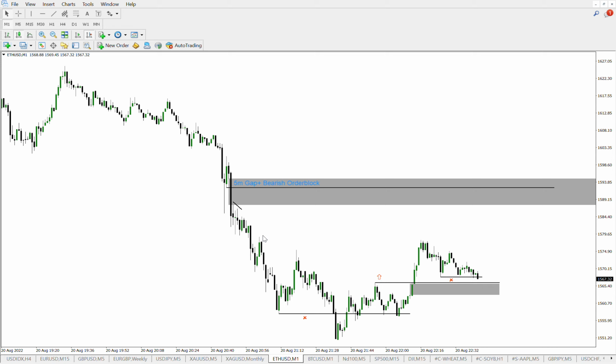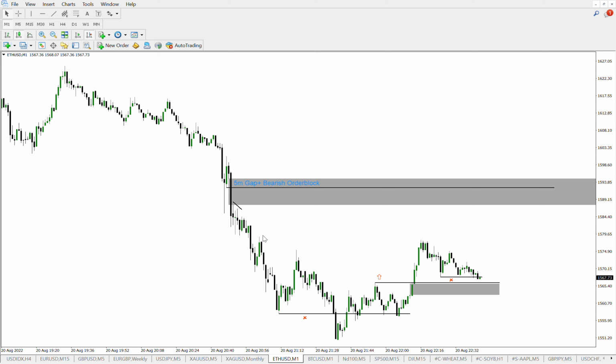Bitcoin is failing to take out the low at 20,780, but Ethereum has swept its lows. Ethereum took out those lows, so there's SMT divergence.